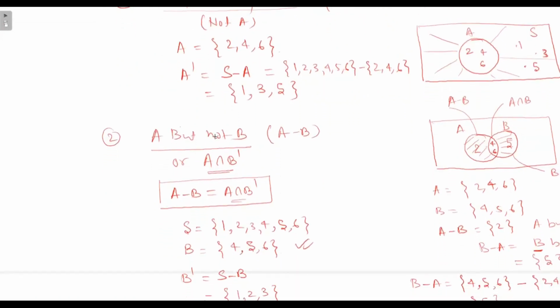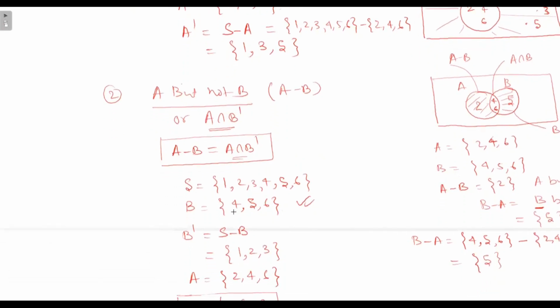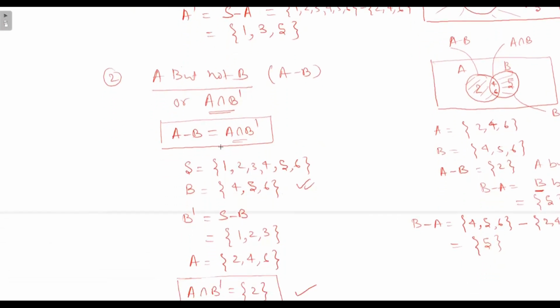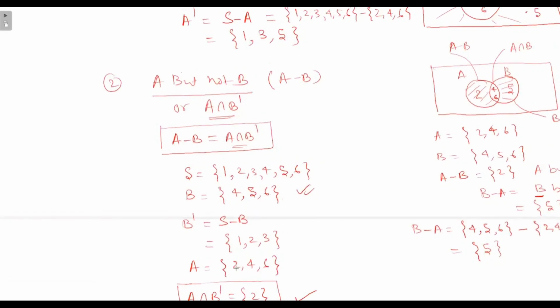Now, A but not B. What is the meaning of A but not B? There are two events, A and B. If I say A but not B, it means A has happened but B has not happened. If 2 comes, then we'll say that A has happened but B has not happened, because B is 4, 5, 6. When 4 comes, what can I say? A has happened, B has also happened, right?